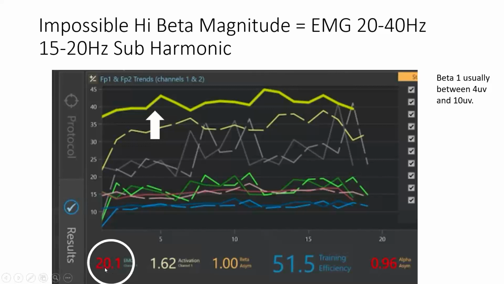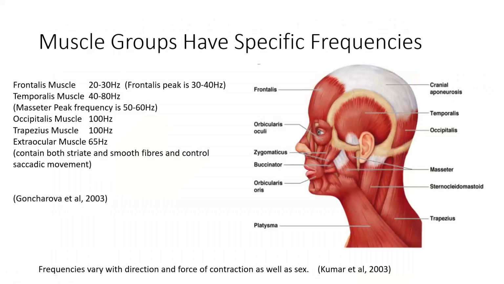So our EMG measures pick up the higher end between like 40 and up to 60. And when we have low pass filters there, where we chop out the 60 hertz signal so it doesn't get contaminated, this is telling us that we've got a lot up there in the 40 range. So that's why I say it's probably in the 20 to 40 range, and we're getting a subharmonic. So we'll explain that in a short bit.